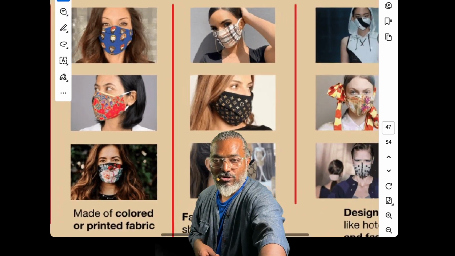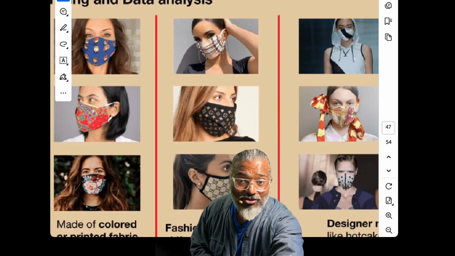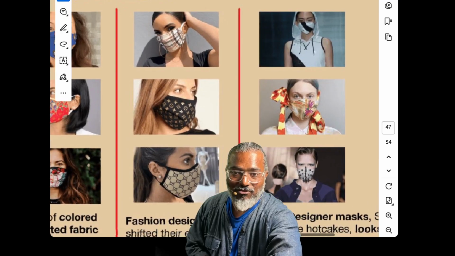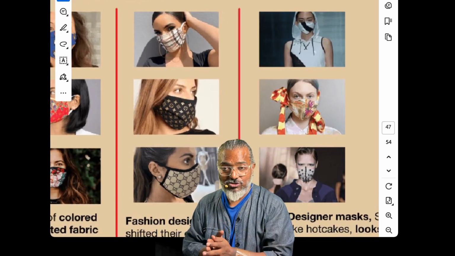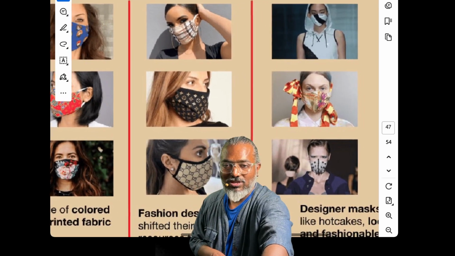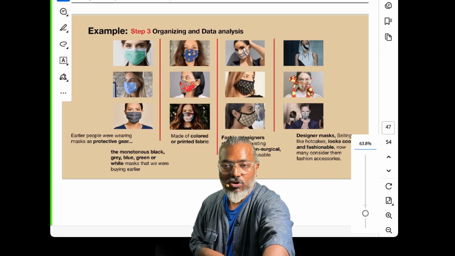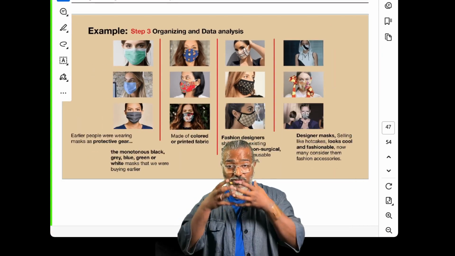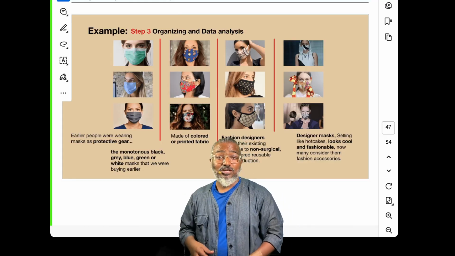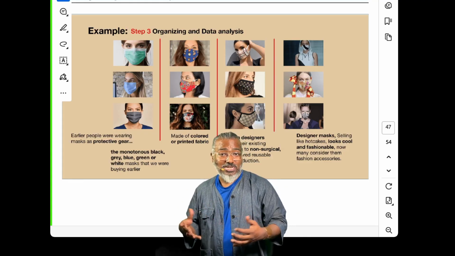Then we have a third row, which again are masks made out of cloth. But the beauty of this is they used high fashion brand textures. And the last one, which you can see, these are the ramp walkers, the fashion models who are walking on the ramp. They are wearing masks which correspond to the attire they are wearing in this fashion show. So it's corresponding to their style.